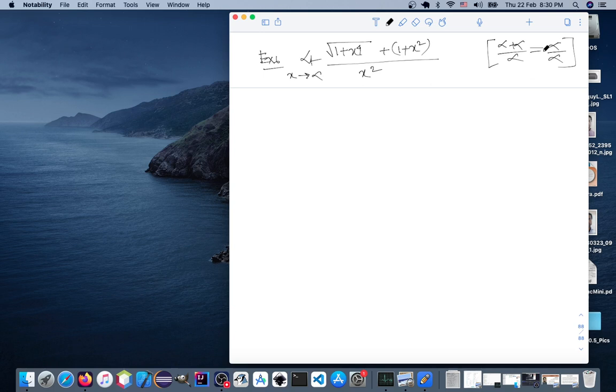Now, if we rationalize the numerator, we will get 1 plus x to the power 4 minus 1 plus x square whole square.